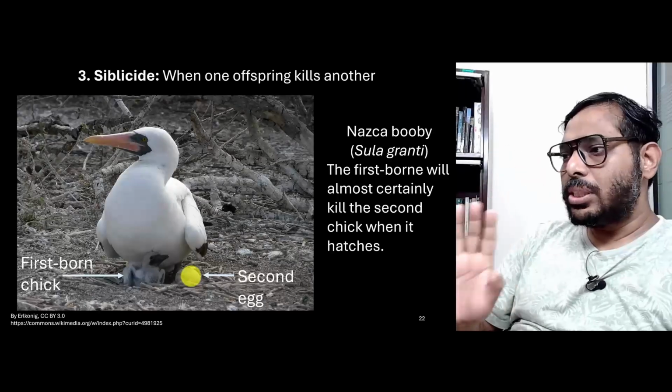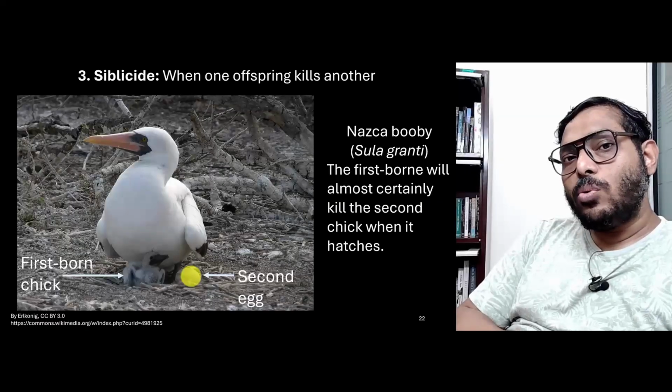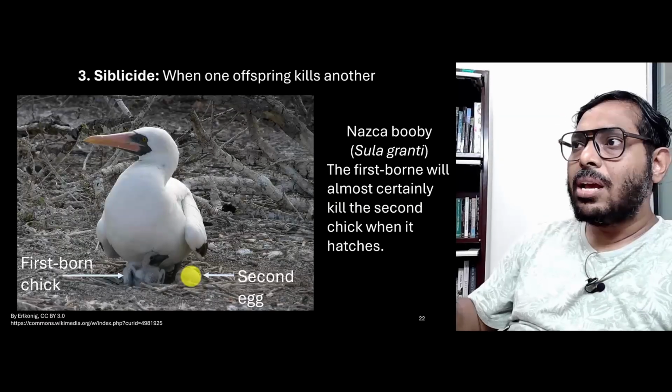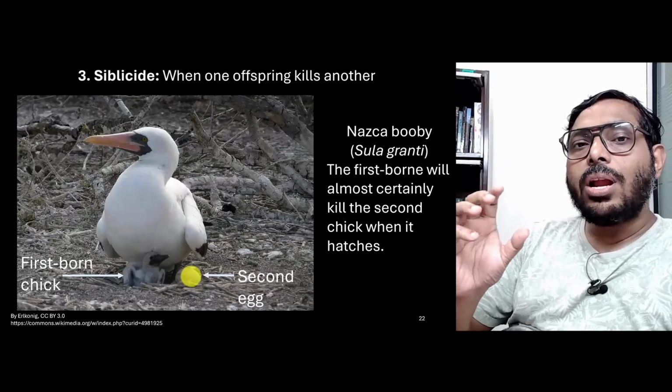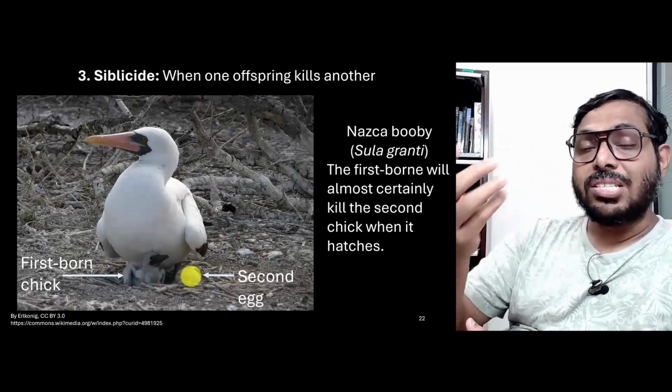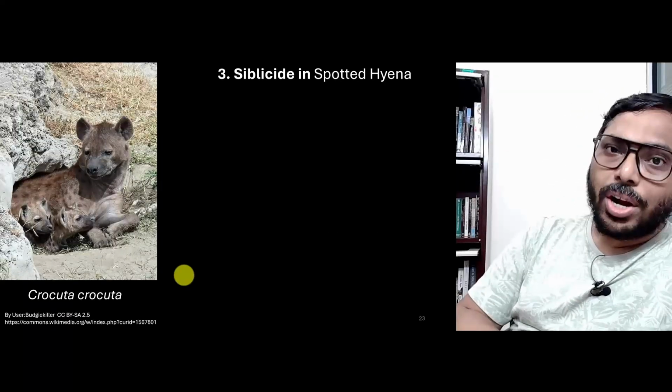Okay. So, this is obligate siblicide. There are other cases where you have facultative siblicide, which means that siblicide happens, brothers or sisters are killed, but only when there is resource constraint, and that kind of thing happens, for example, in the spotted hyenas.